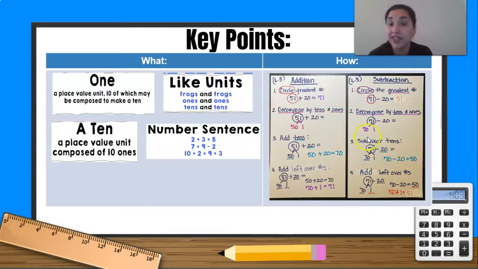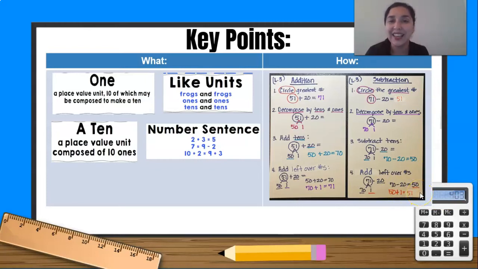Now let's do step number 4. The last step is add the leftover numbers. Then I add the number that is left over, and the number that is left over is a 1. So 50 plus 1 equals 51.